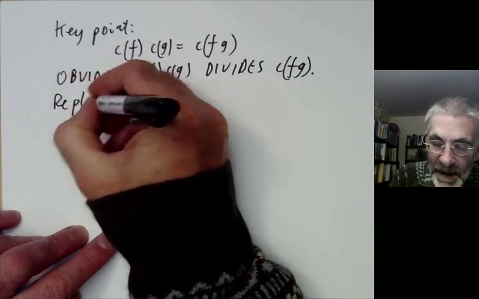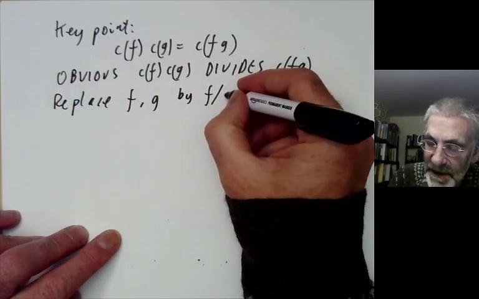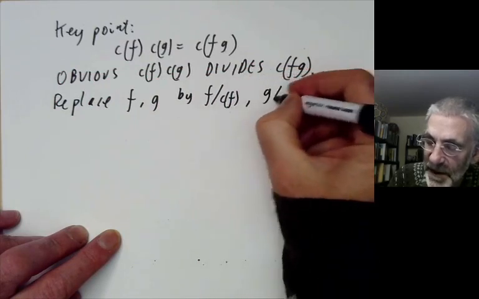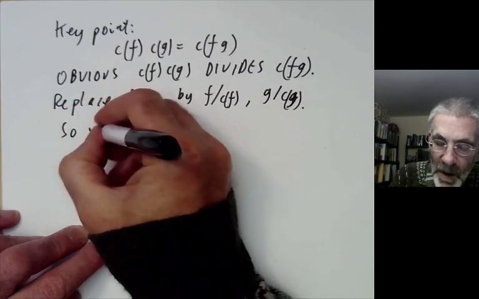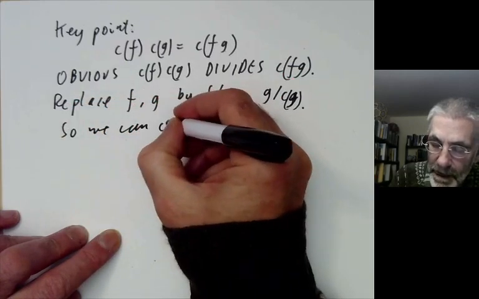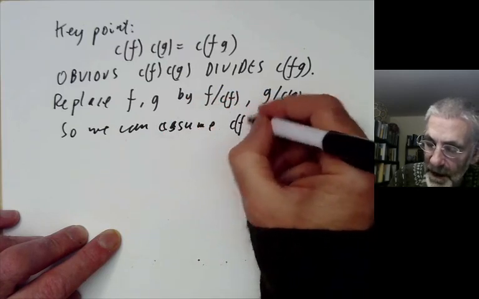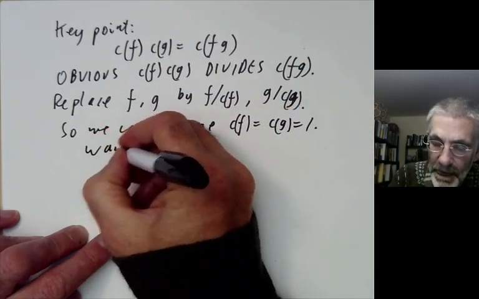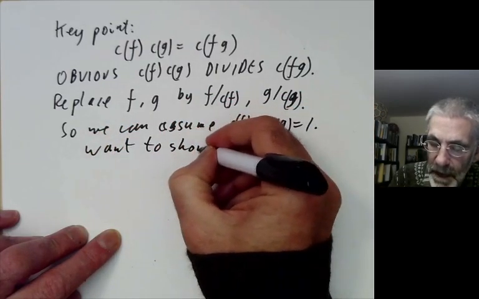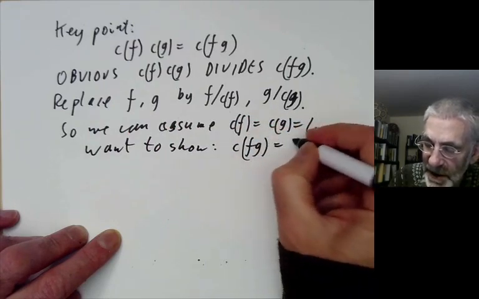We can replace f and g by f over c(f) and g over c(g). So we can assume that the content of f is equal to the content of g is equal to 1, and we want to show under these assumptions that the content of f times g is equal to 1.